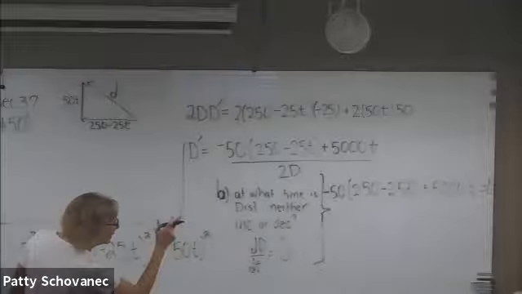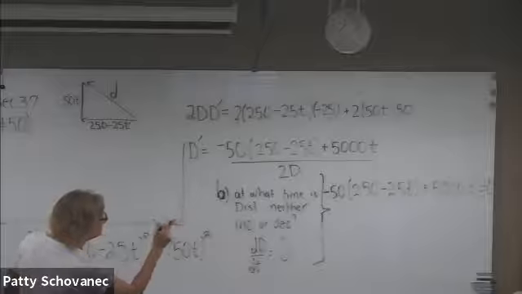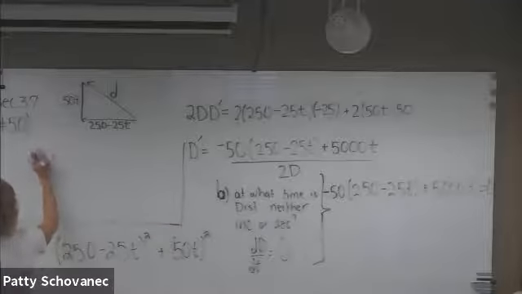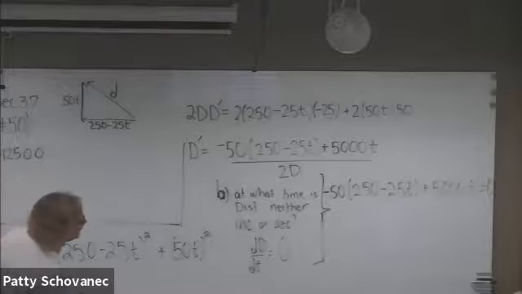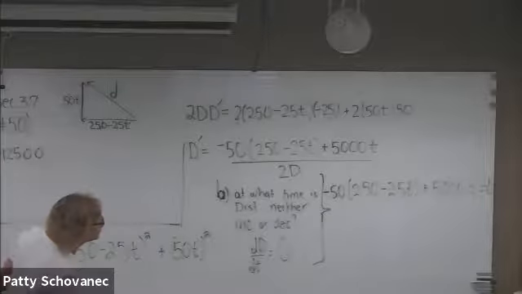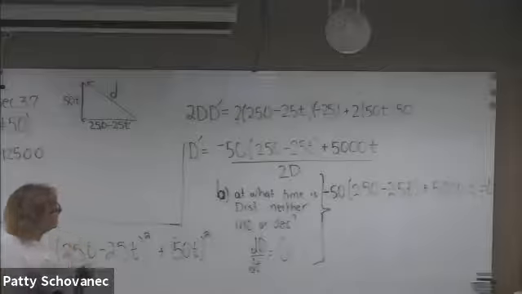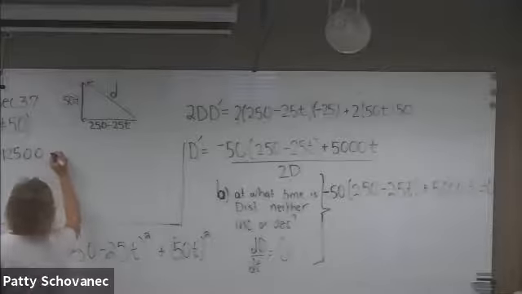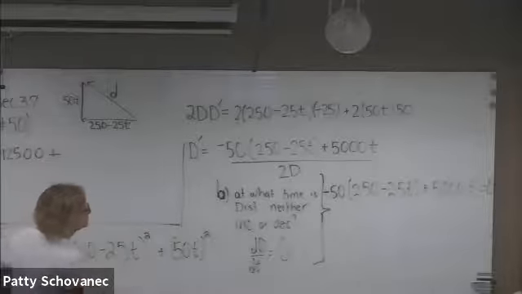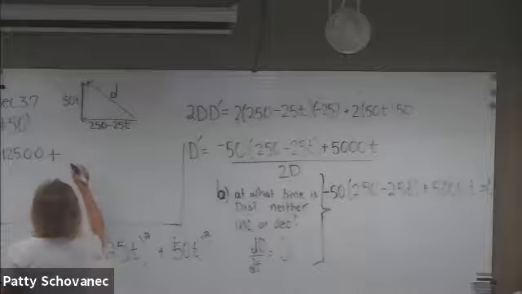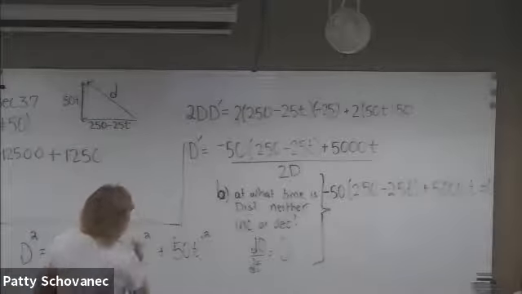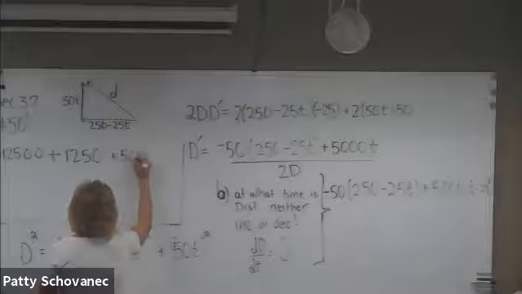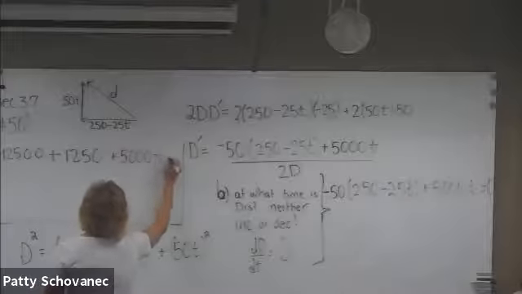I'm going to multiply out negative 50 times 250. 5 times 25 is 125, so negative 12,500. And then negative 50 times a negative 25t is a positive. Again, 5 times 25 is 125. This time I have 1250 there. And then I have plus 5,000t is equal to 0.